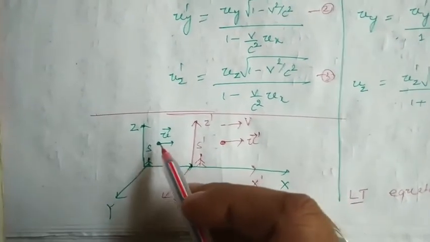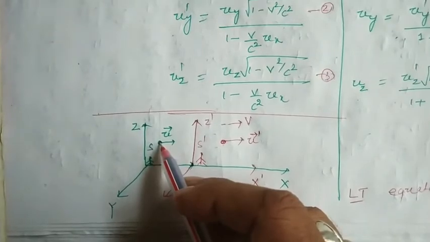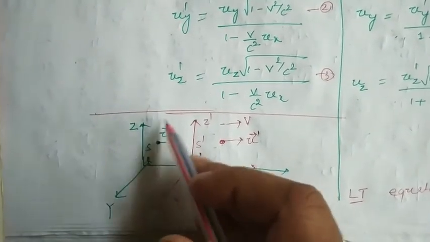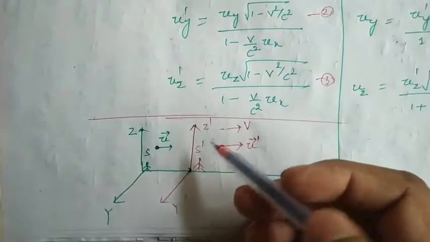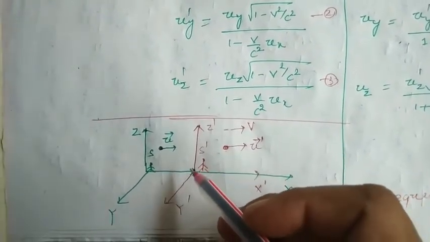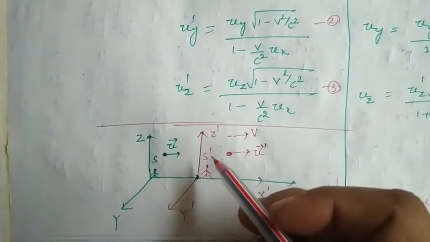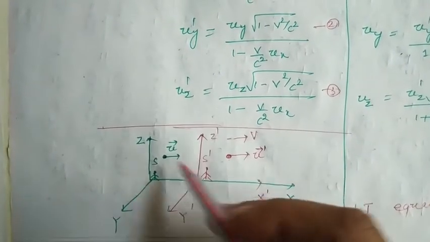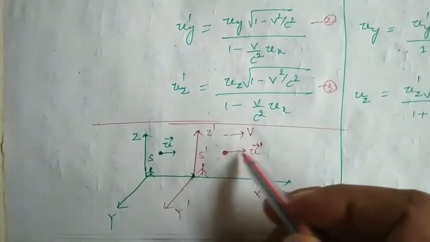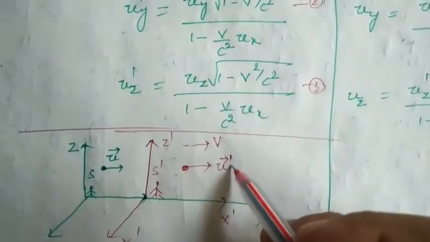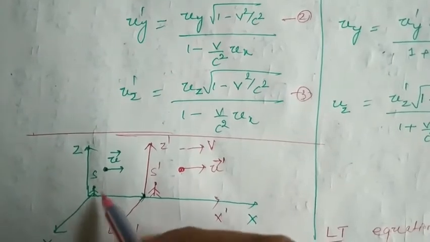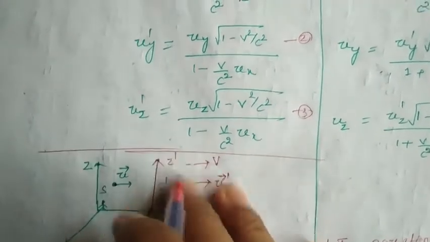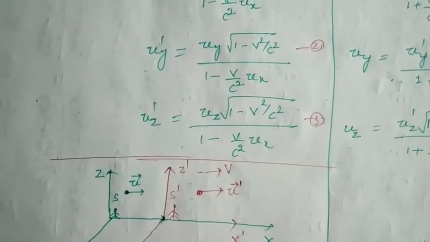If a particle is moving with velocity u in S frame, then what will be measured from S dash frame? And suppose the particle is moving in S dash frame with velocity u dash, then what will be the measurement by the observer sitting in S frame? That we discussed in our last class, and we found the six major equations.